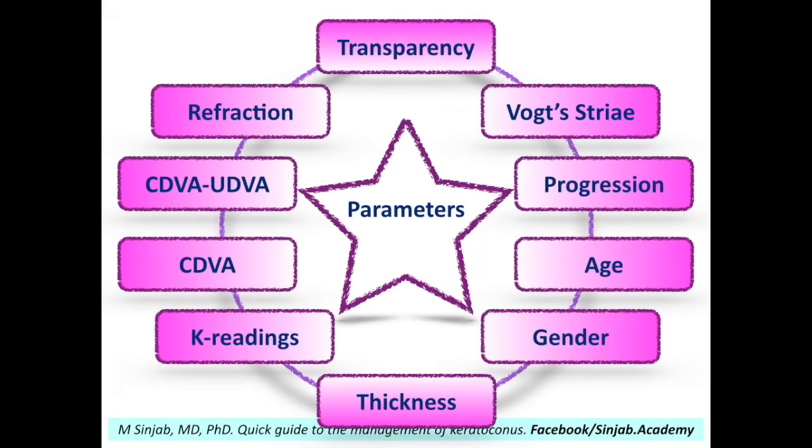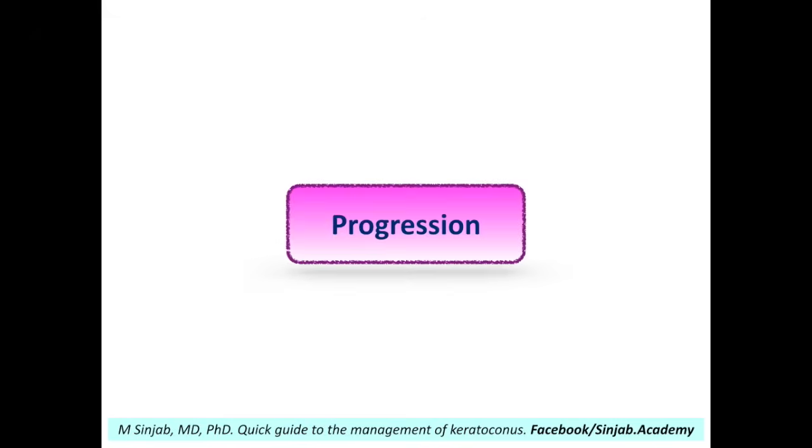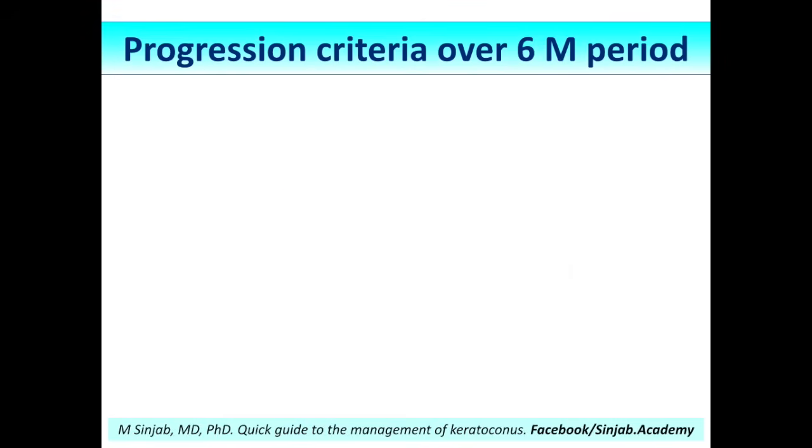Coming to progression. There are several progression criteria that should be considered in order to decide whether the case is progressive or not. We should not depend on only one parameter.